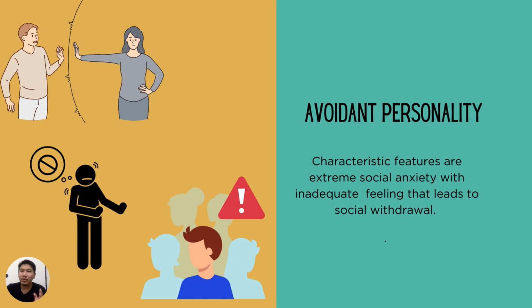The difference between the two is that avoidant personality disorder desires human contact and relationships, while schizoid personality disorder tends to be alone and doesn't want anything to do with other people. Instead, people who have avoidant personality disorder avoid people because of crippling self-doubt and fear of disapproval.